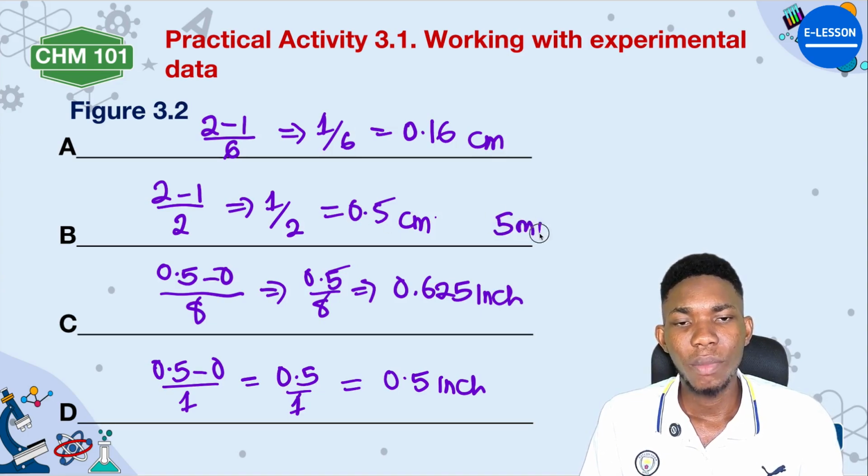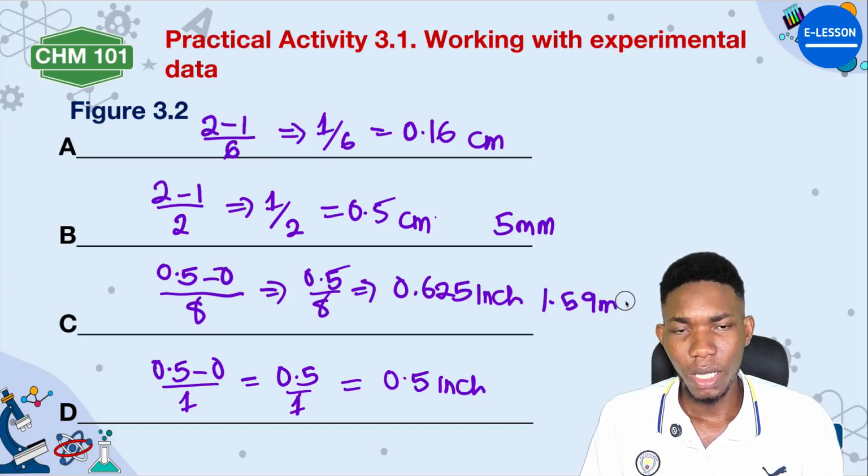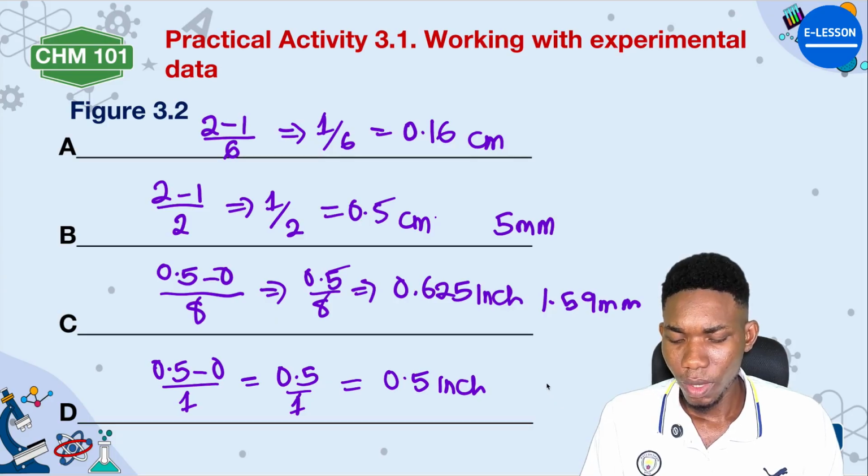So this 0.5 in millimeter will be what? 5 millimeter. This one, 0.625 inch in millimeter will be 1.59 millimeter. 0.5 inch in millimeter is, this was supposed to be not 0.625. Let me calculate again. 0.5 divided by 8, 0.0625. All right, exactly.